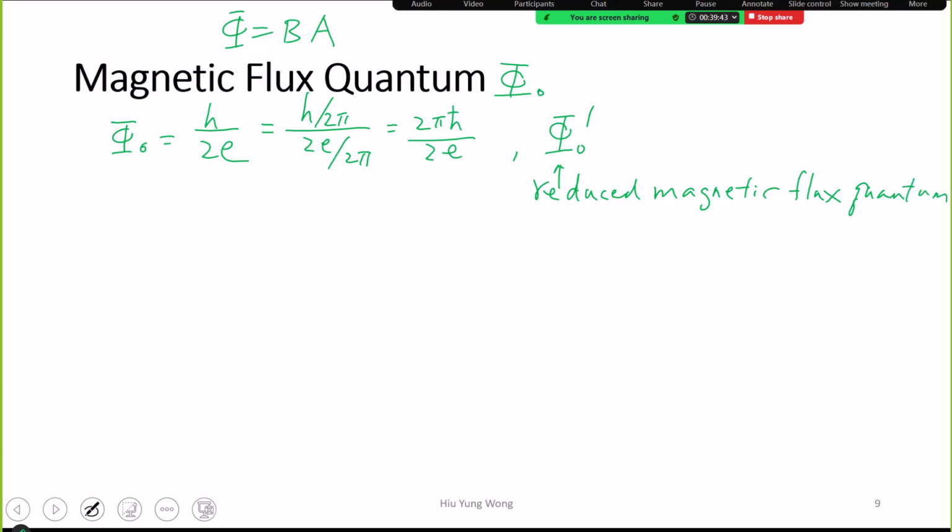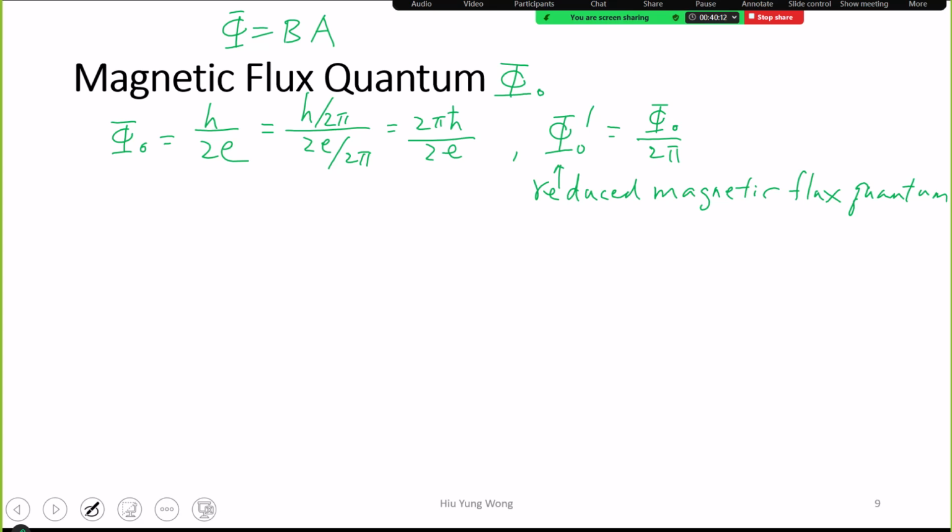So based on all we discussed so far, what is the reduced Planck constant? How is it related to the Planck constant? Planck constant divided by 2 pi. So the reduced magnetic flux quantum, what will you guess? It must be the magnetic flux quantum divided by 2 pi.